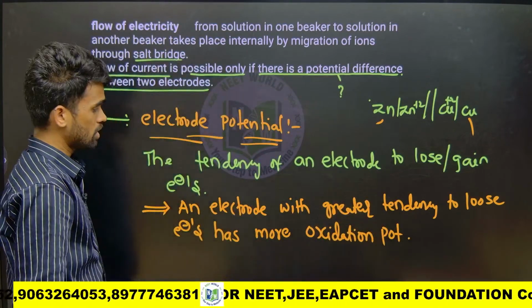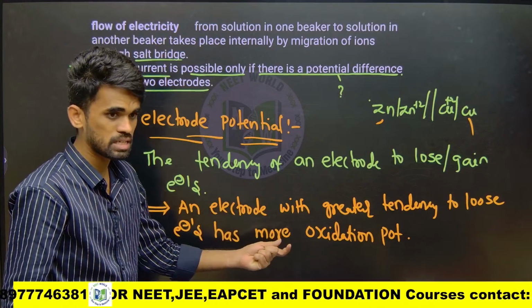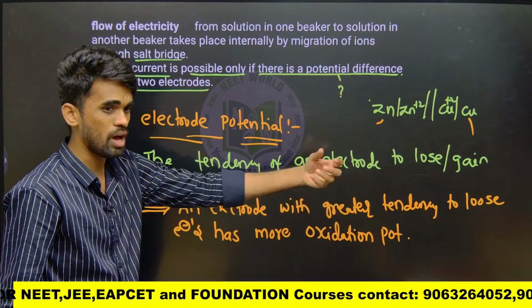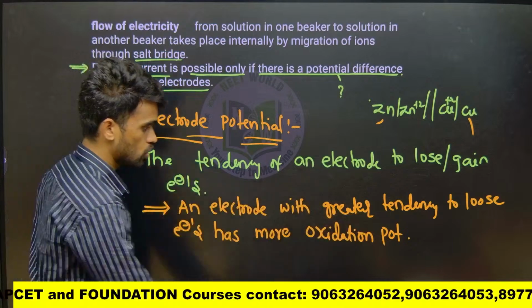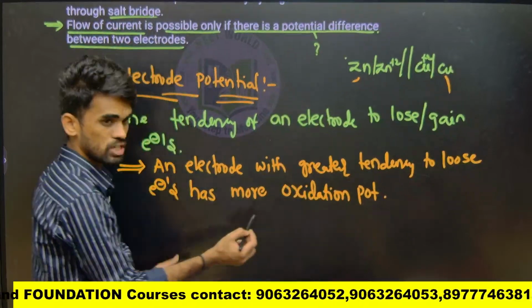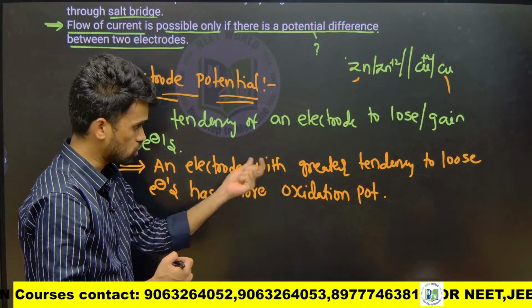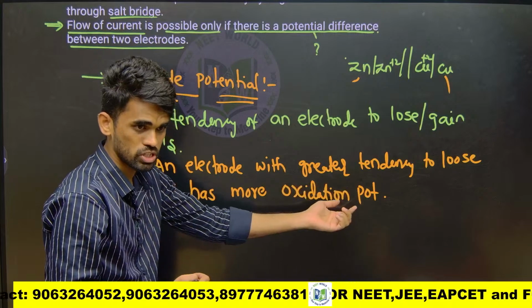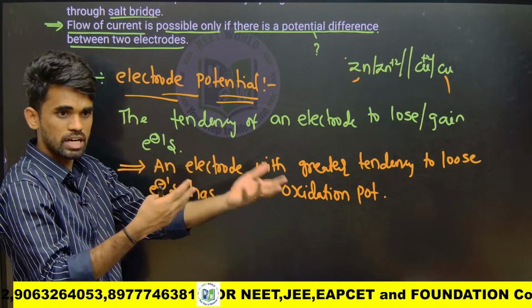If an electrode has more oxidation potential, it has more tendency to lose electrons, meaning more tendency to undergo oxidation. Since it is undergoing oxidation, we say this is oxidation potential. If it has the tendency to undergo reduction, we say reduction potential.